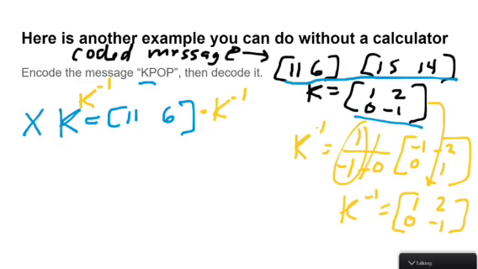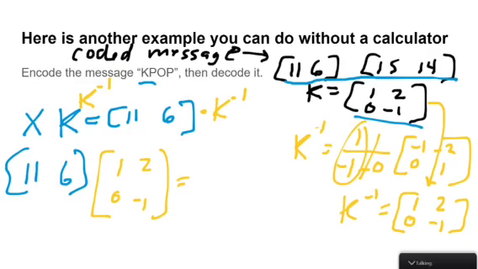So now we'll take 11, 6 and multiply it by the inverse of our key matrix to decode the message. So you would do row 1 times column 1. So we have 11 times 1, which is 11, and then plus 6 times 0, which is 0.